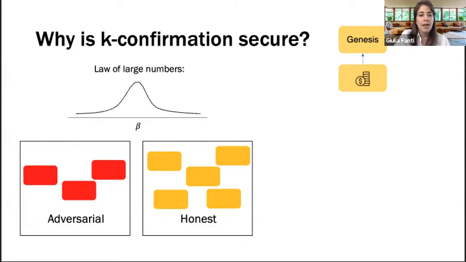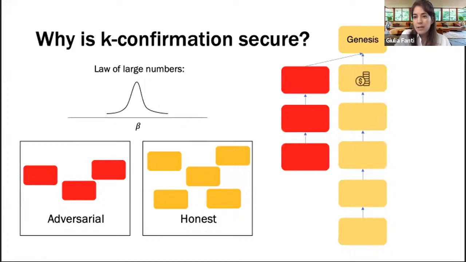And by the law of large numbers, we know that as time increases, the total fraction of adversarial blocks is going to concentrate around beta, the fraction of hash power that they own. So what this means operationally is that we choose a k, an embedding rule, such that with high probability, a probability that we control, the adversary cannot generate enough blocks to overtake the honest chain. So this is the intuition about why the k confirmation rule is secure in Bitcoin, in Nakamoto consensus.